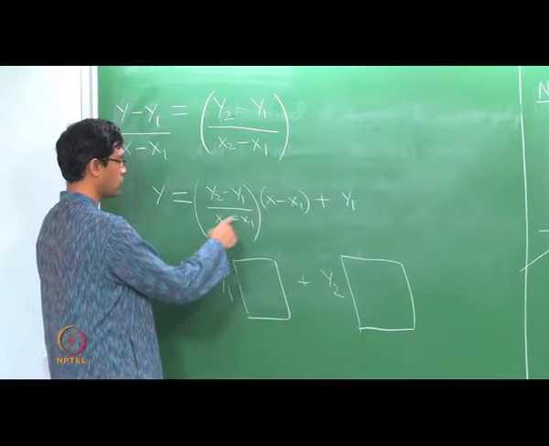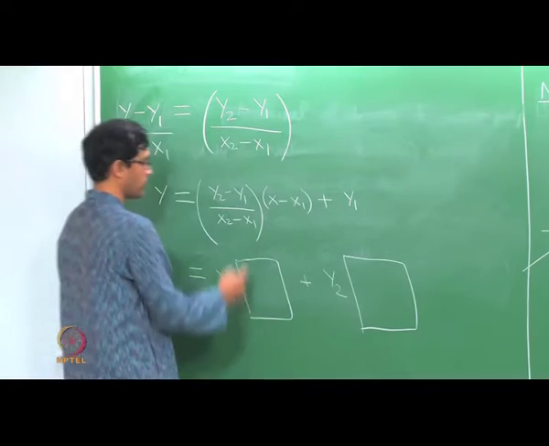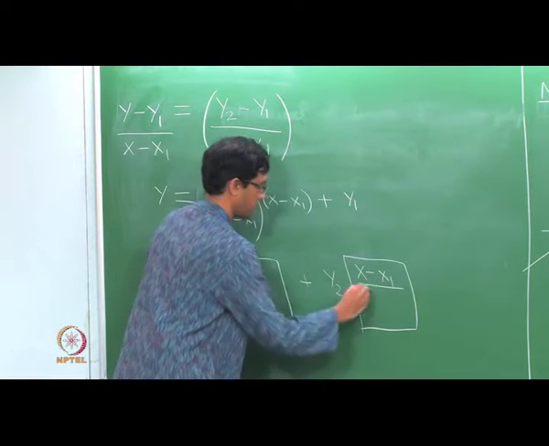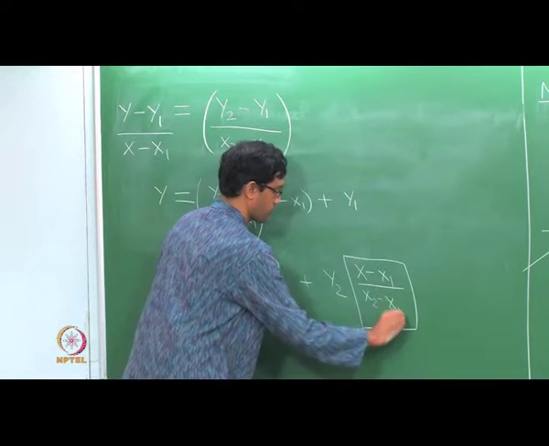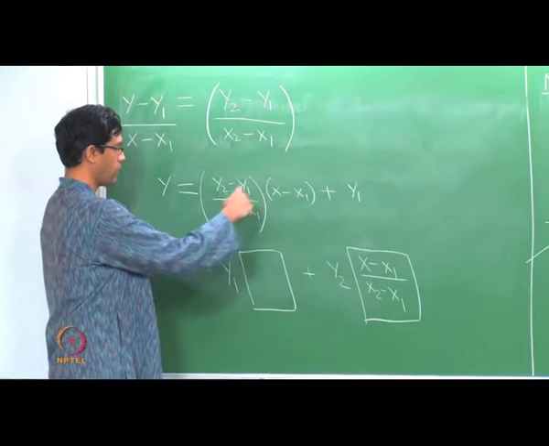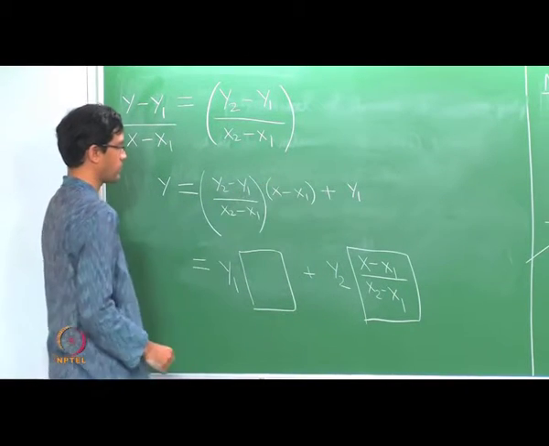This looks like y2 times (x minus x1) by (x2 minus x1), and I have a y1 which occurs here as well as a y1 there.